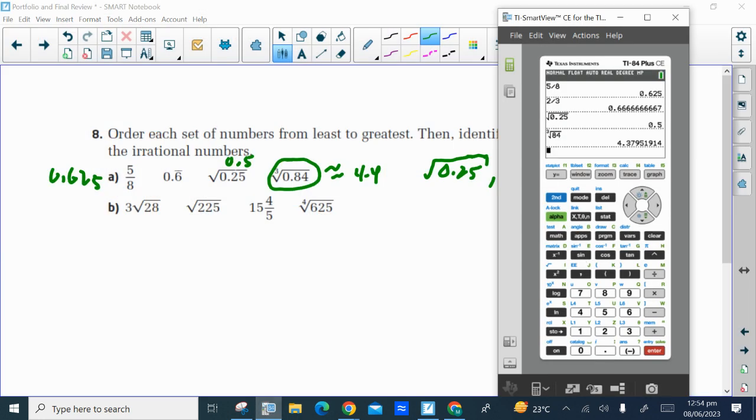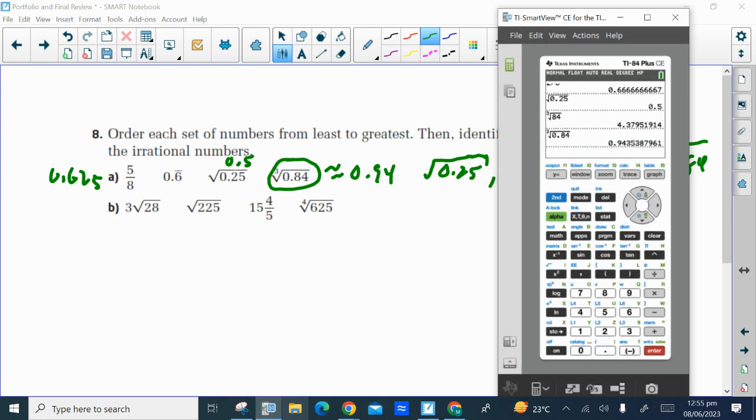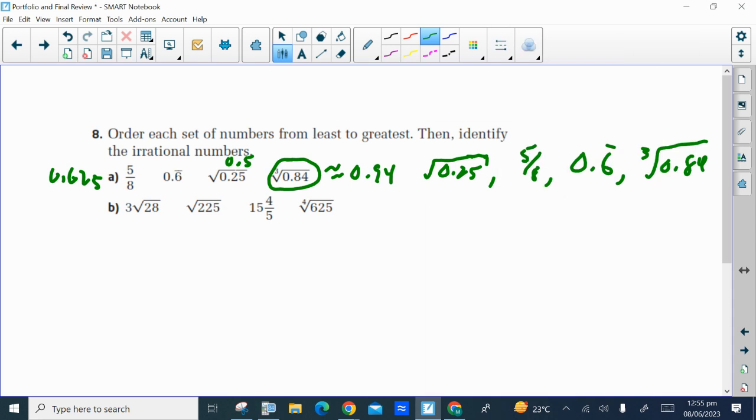It's 0.84, not 84. The cube root of 0.84 is 0.94. So it is the largest of those four numbers. But the only irrational one is the last one.